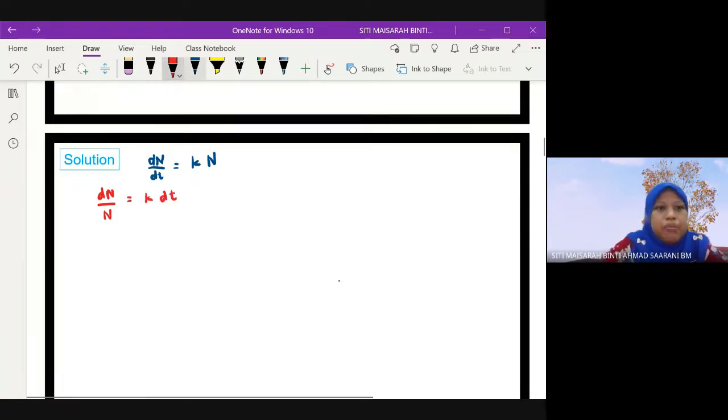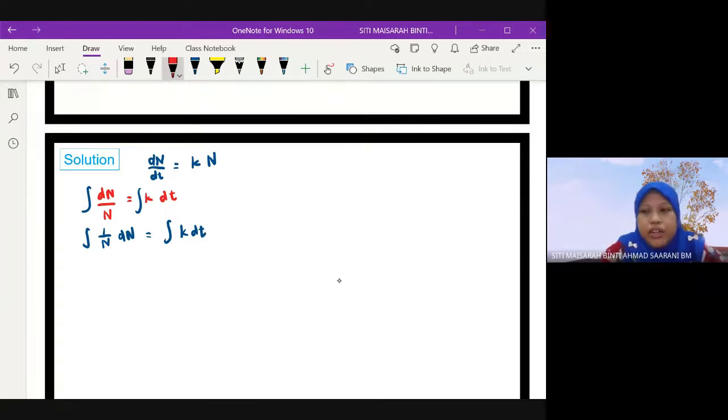Then kita boleh separate ni. Kita boleh integrate both side. So this one is actually integrate 1 over N dN equals to integrate K dt. So 1 over N kalau kita integrate, we get ln N equals to KT plus C.